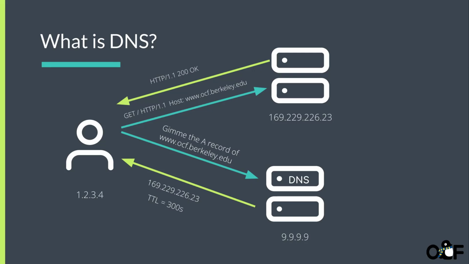DNS is another protocol. There's a couple ways to do DNS nowadays, but the most normal one is just over UDP on port, I think, 53. But the specifics of how DNS works, you probably don't need to understand in too much detail.